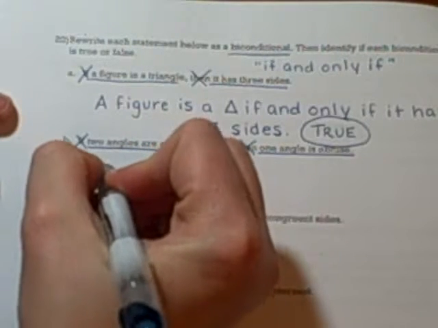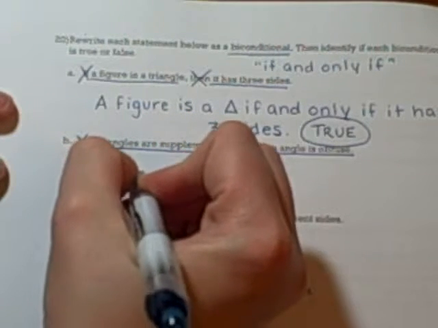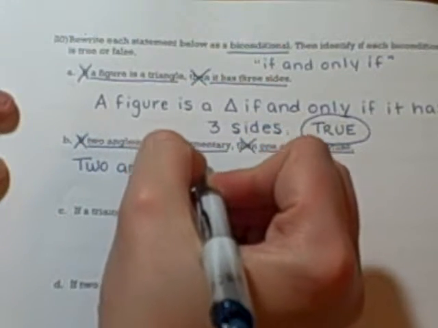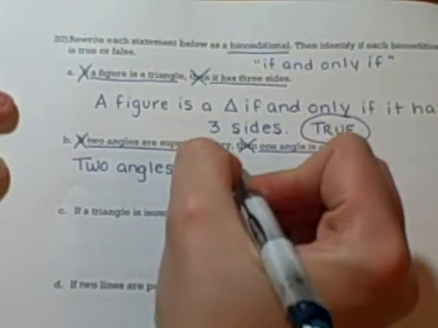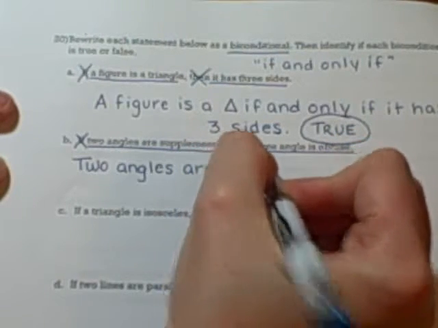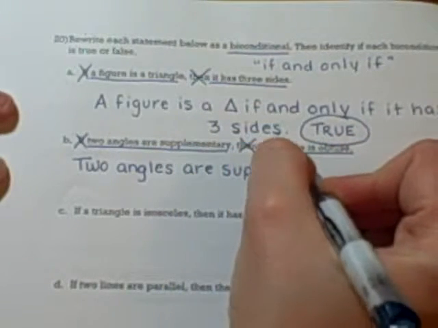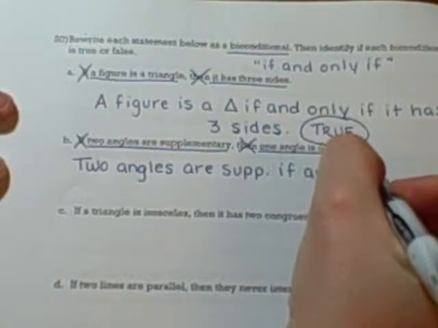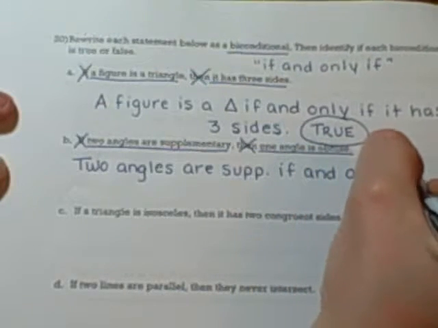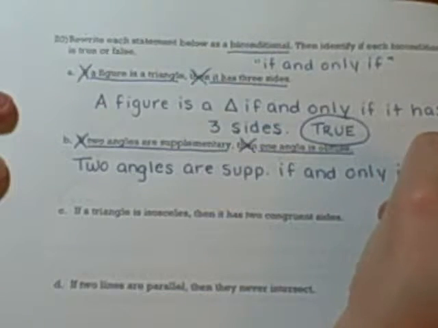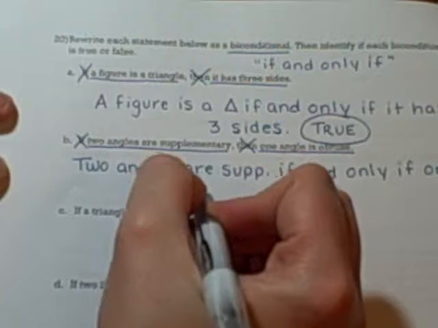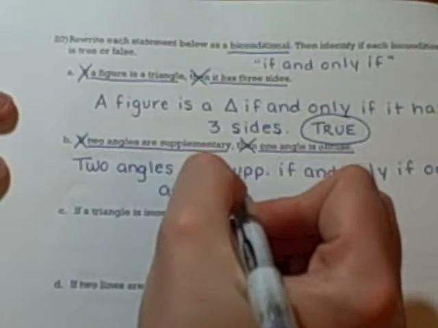So this would read, 2 angles are supplementary, I'm going to abbreviate supplementary, I hope you're okay with that, if and only if one angle is obtuse.